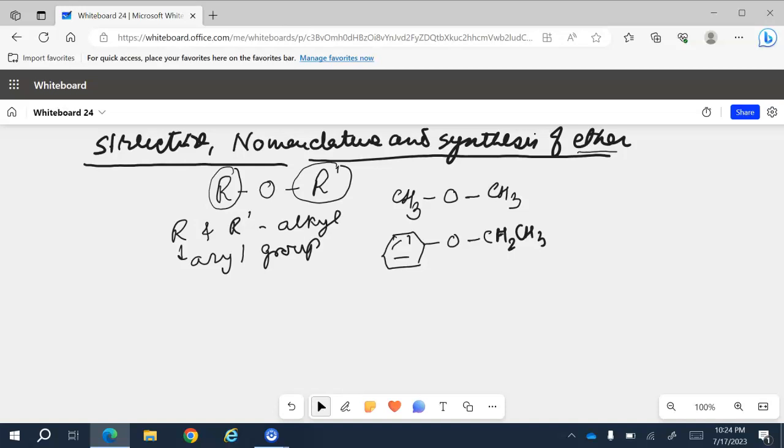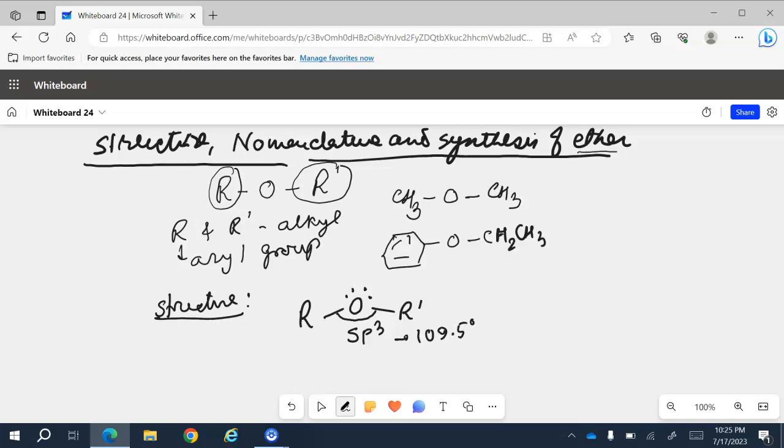Now talking about the structure, if we look at this ether molecule very closely, ROR prime, here the oxygen possesses two lone pairs of electrons. And considering these two lone pairs of electrons, the oxygen is sp3 hybridized. With sp3 hybridized state, the theoretical value of this ROR prime bond angle needs to be 109.5 degrees.